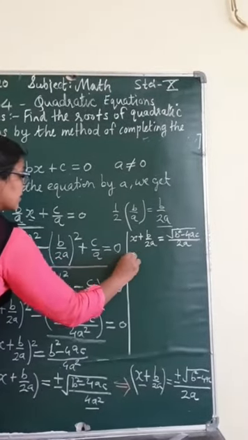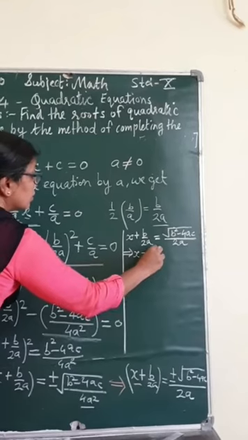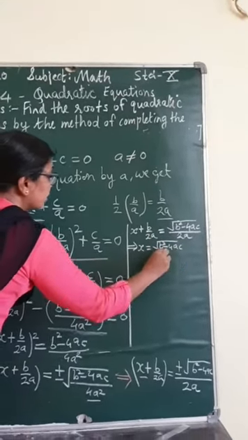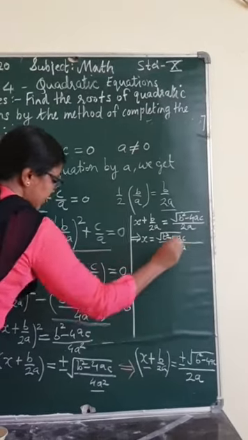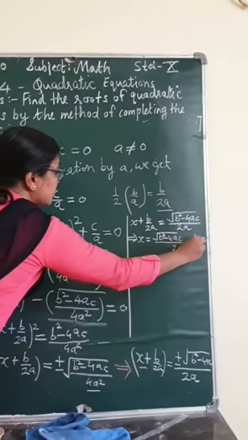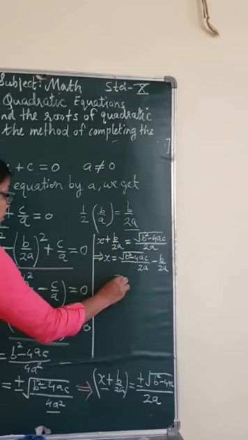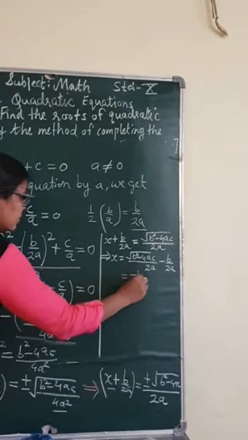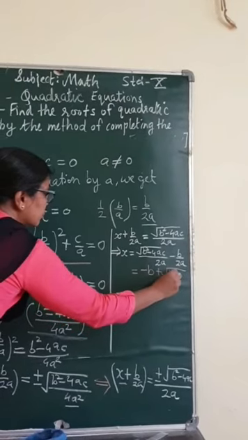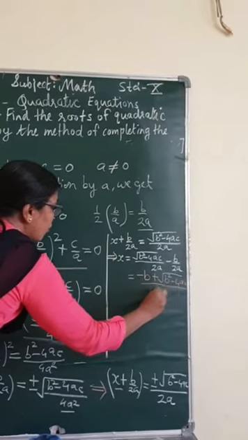So that gives us x is equal to minus b upon 2a plus square root of b square minus 4ac upon 2a, which gives us minus b plus square root of b square minus 4ac upon 2a.